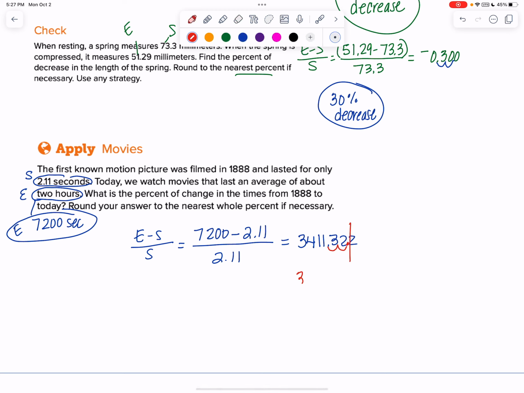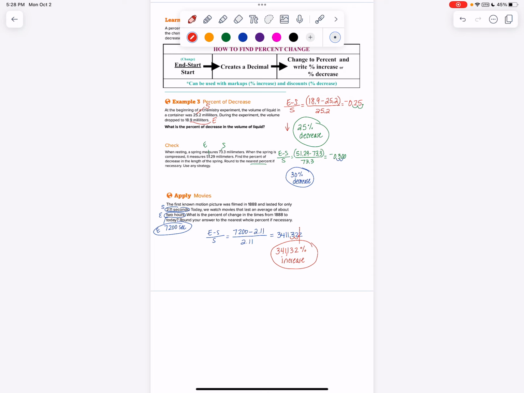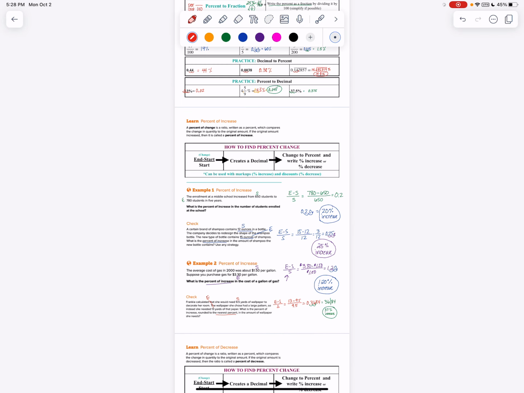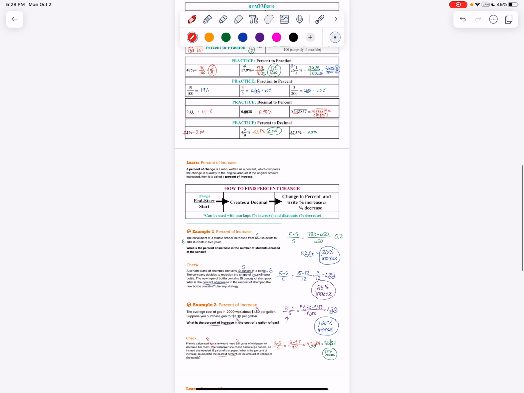No change. 341,132%, and it definitely went up. Increase. That's a huge increase in percent of seconds for a movie. All right, so there you go. That was a pretty wild problem. So there are your notes. You can see a lot of similarities in this process today.